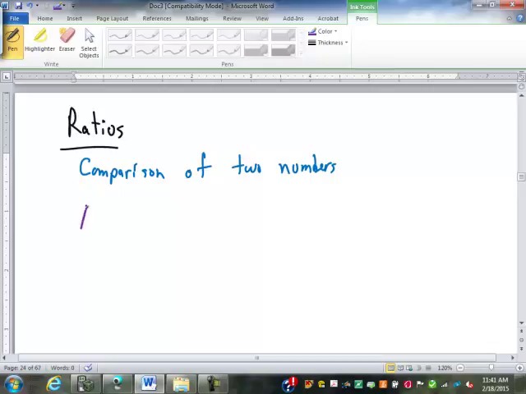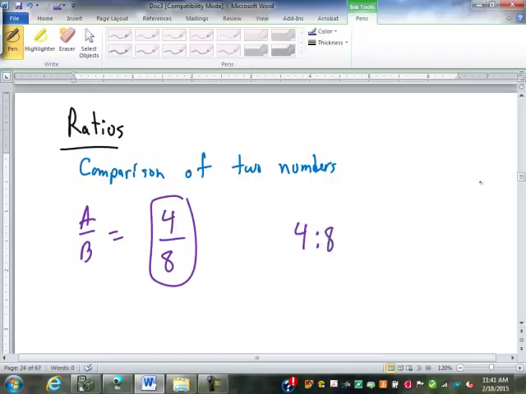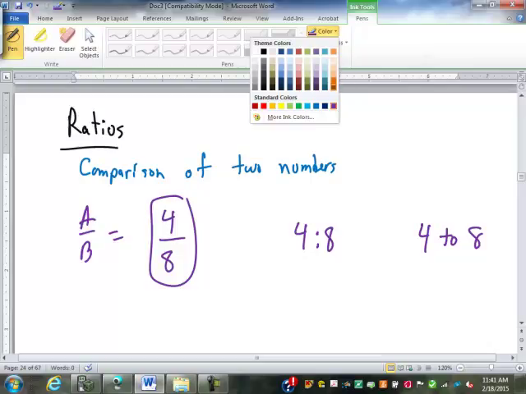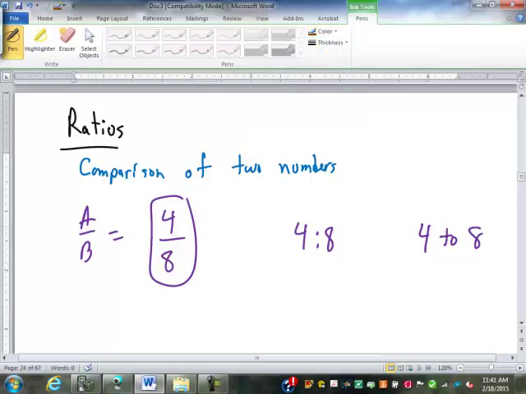I'll go between Site A and Site B. We have 4 students in Site A and 8 students in Site B. I could write it just like that in a fractional form as 4 to 8. I could write it with a colon like this as 4 to 8. Or another option is to use the word to, 4 to 8. All of those express ratios. And there are some other lesser accepted forms as well, but those are the 3 main ones.